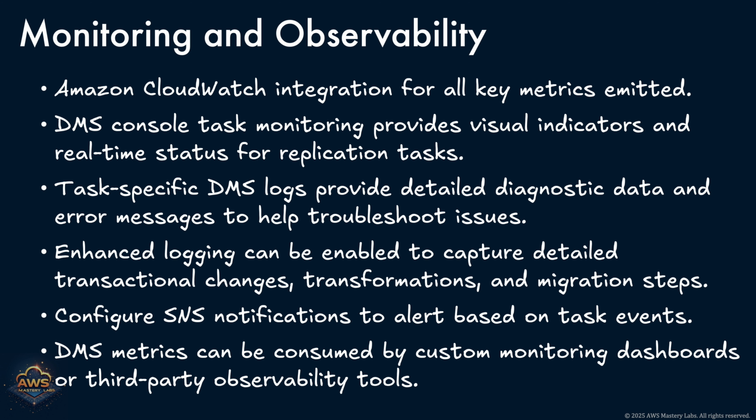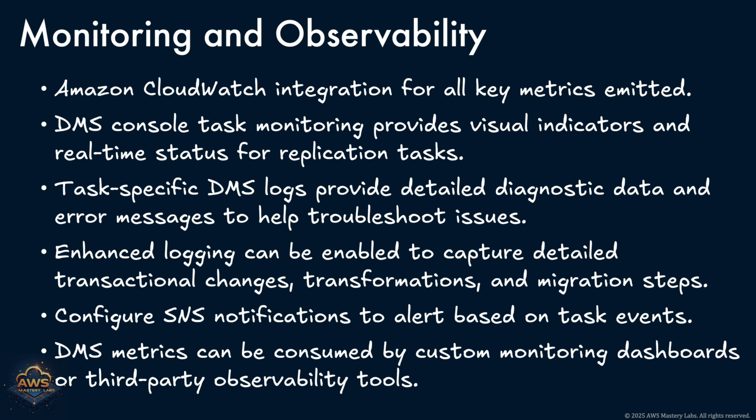In terms of security and auditability, AWS CloudTrail records all API activity related to DMS. You'll know exactly who made changes, when, and from where, helping you maintain governance and compliance. You can also enable Amazon SNS notifications, which alert you in real time when key events occur, like when a task starts, fails, or exceeds a latency threshold.